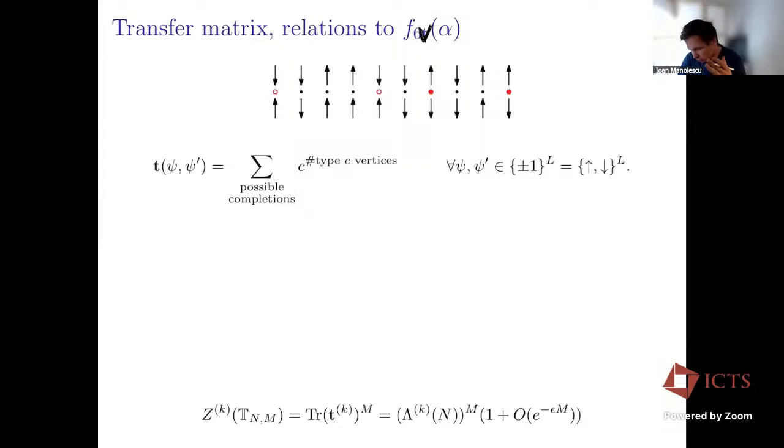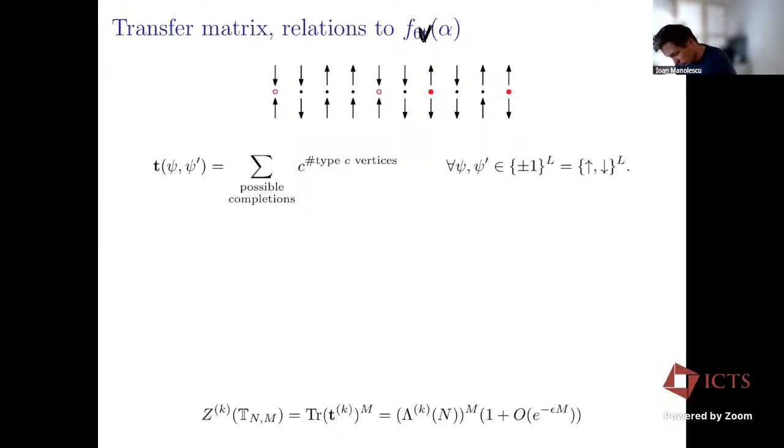What we're going to do is look at the 6 vertex model row by row, horizontal row by horizontal row, and look at just the vertical arrows. We're going to have a matrix indexed by potential configurations of vertical arrows.